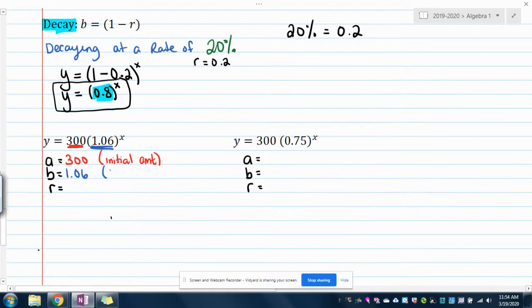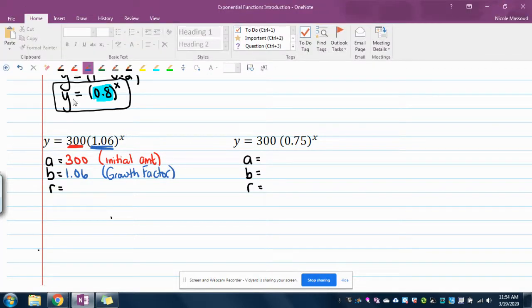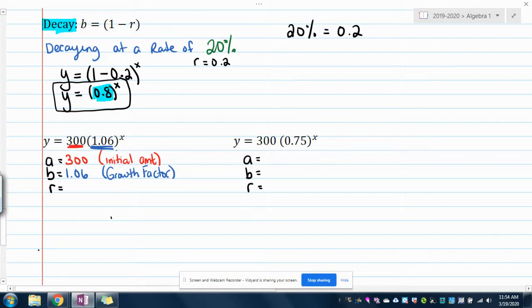It is the growth factor, because it is greater than 1. And then I know my growth rate is going to be, so this is the same thing as saying 1 plus 0.6, and 0.6 is the same thing as saying 60%. So I'm going to write here 0.6 is my growth rate, and I'm also going to write 60%.